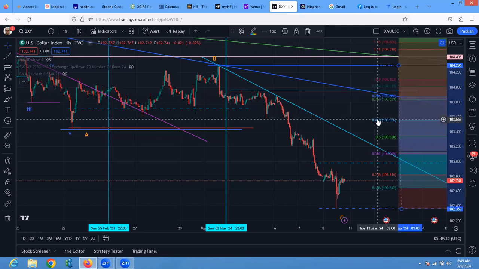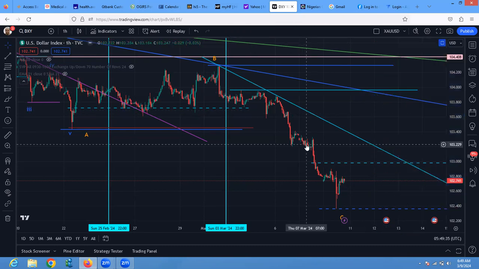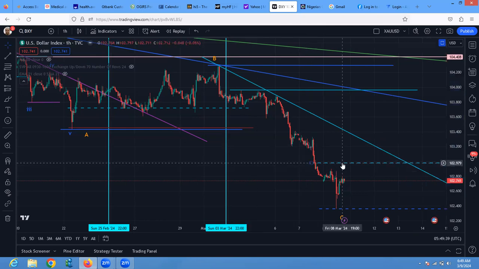If it pushes around 1.8 or whatever, of course, you are going to be looking at an ABC correction as it's going up, to know where it's going to land for you to launch another load to the downside in DXY. So we need price against here.